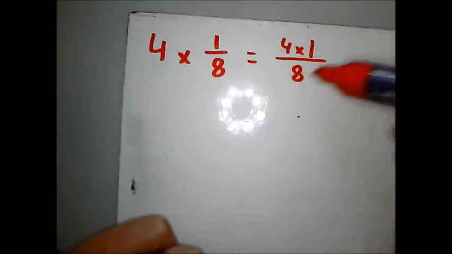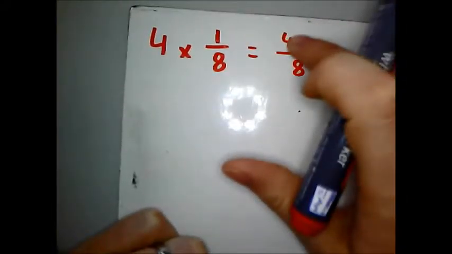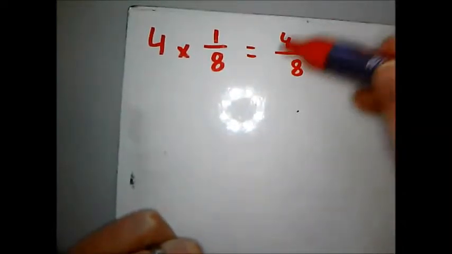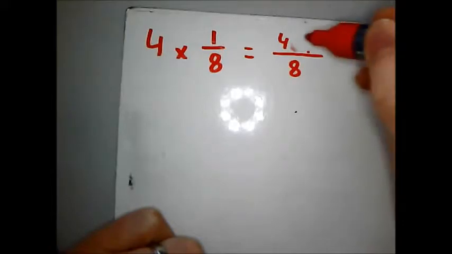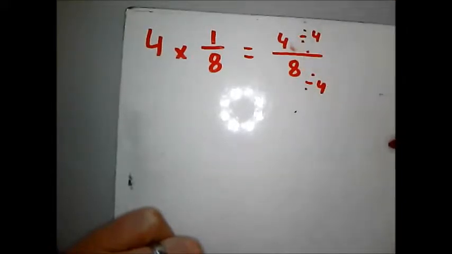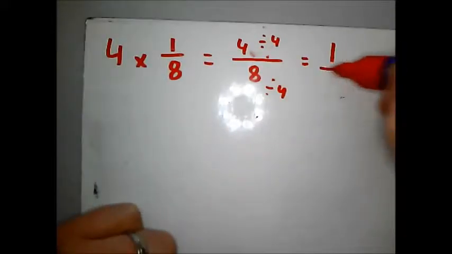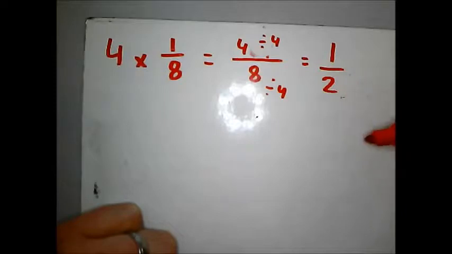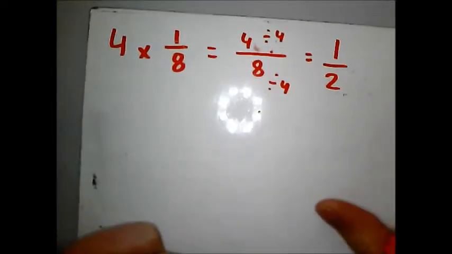And I can do this in any order. Well, I already know 4 times 1 is itself, so I'm just going to keep that as 4 over 8. And I'll simplify this where I can, so I can divide top and bottom by 4, as they both share common factors of 4. So 4 divided by 4 gives me 1, and 8 divided by 4 gives me 2. So 4 times 1/8 is a half.